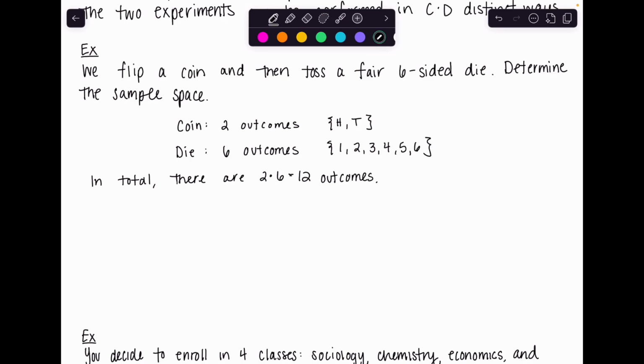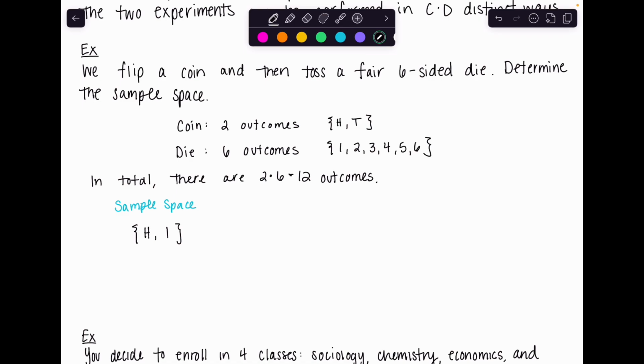Okay. So again, listing 12, not bad, but say there were going to be 752 outcomes, a lot harder to list them all out. So just to show you that there are indeed 12, we're going to go through and look at our sample space. So first possibility is you get a heads when you flip the coin and a 1 when you roll the die.